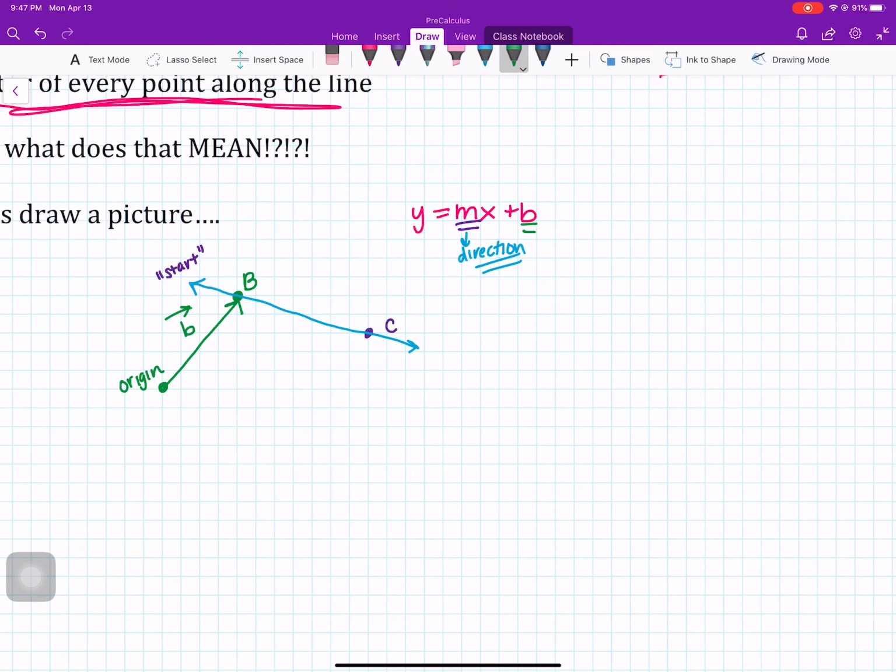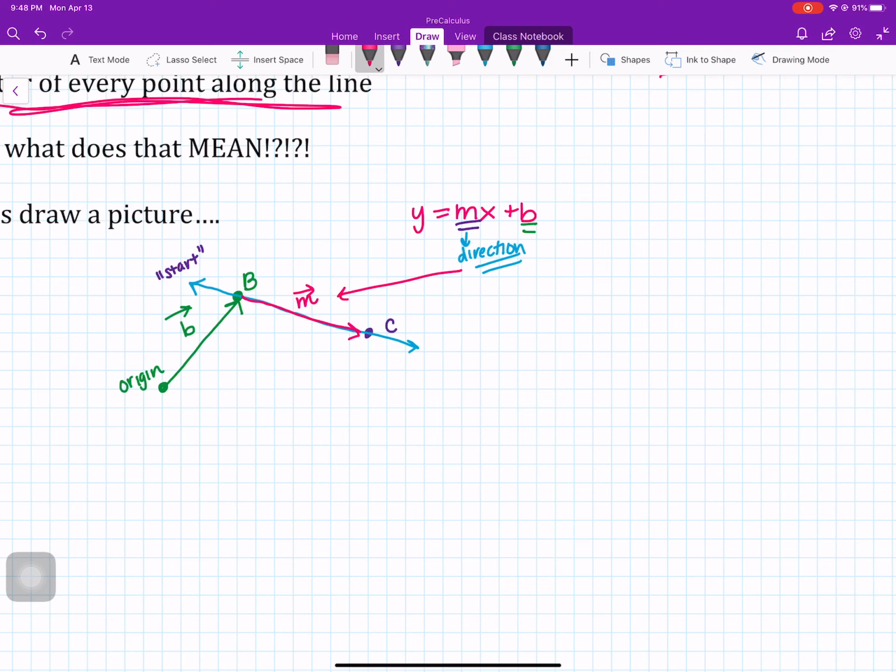So when you're doing your vector equation of a line, the vector that would connect B to C is your slope. We can call this our M vector if you would like. Now, remember that there could be a lot of different versions of M. M is just telling you your direction.